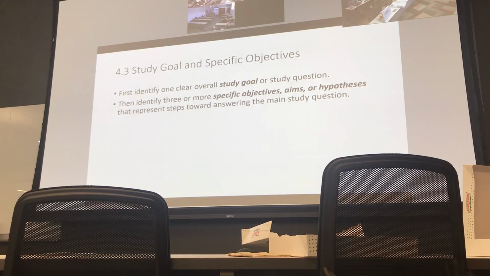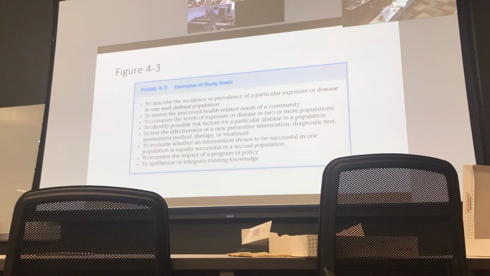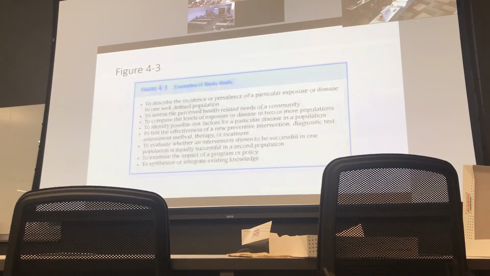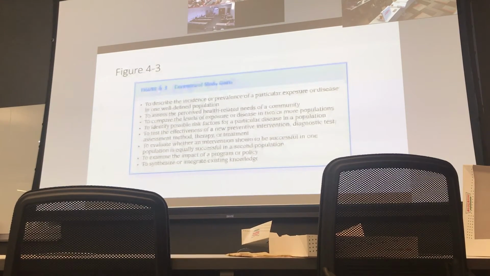So examples of study goals: to describe the incidence or prevalence of a particular exposure or disease in a well-defined population, to assess the perceived health-related needs of the community. As it relates to your project, number 2 could be to assess the perceived health-related needs of the community or the pharmacy. So what's the need of the pharmacy that you're interested in evaluating? That essentially is the specific study goal.